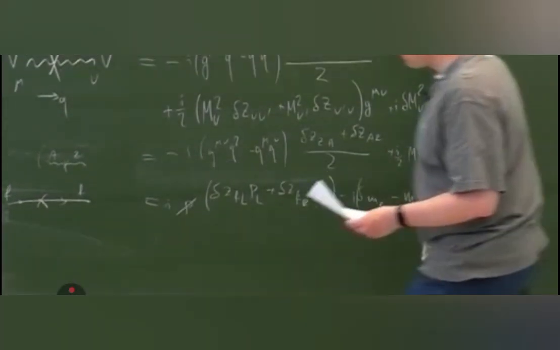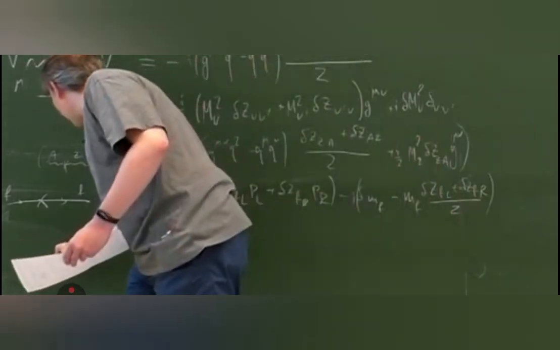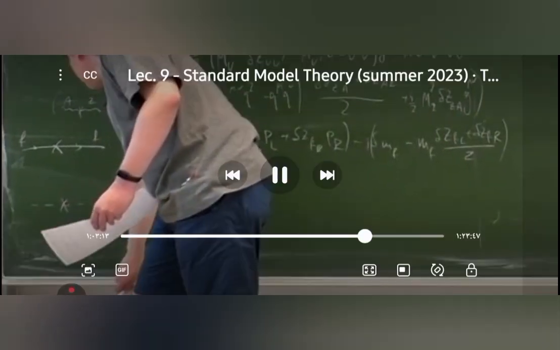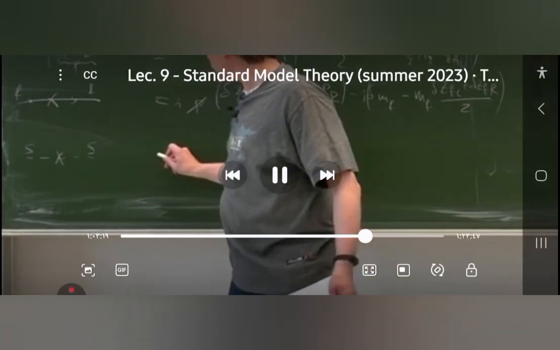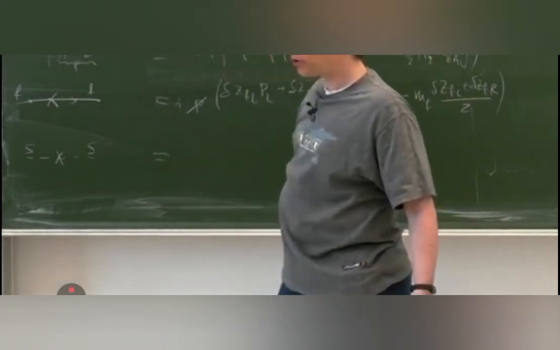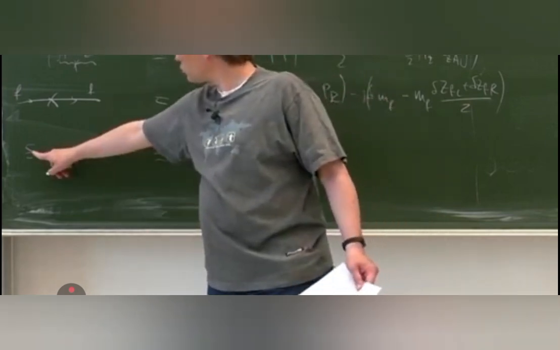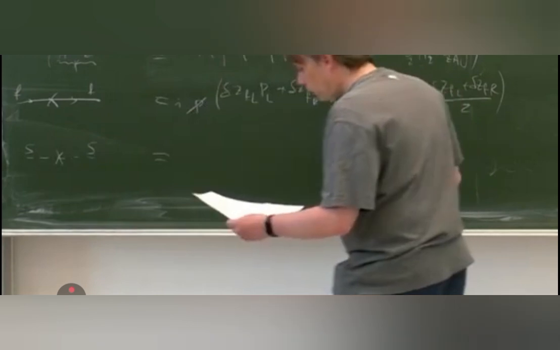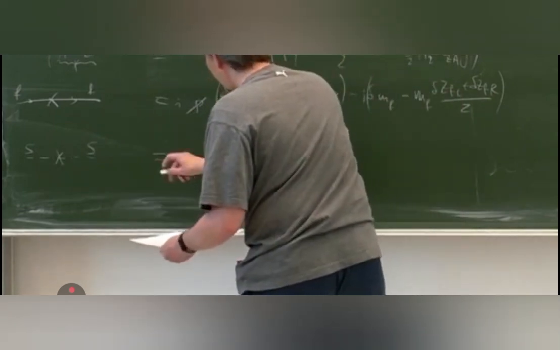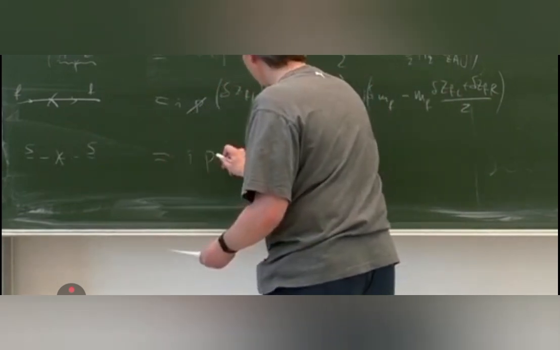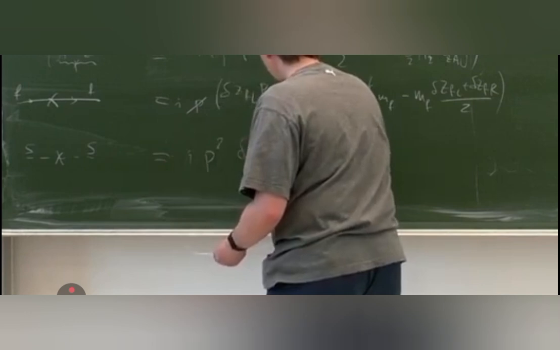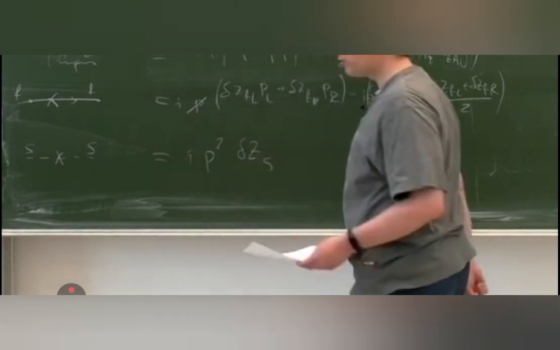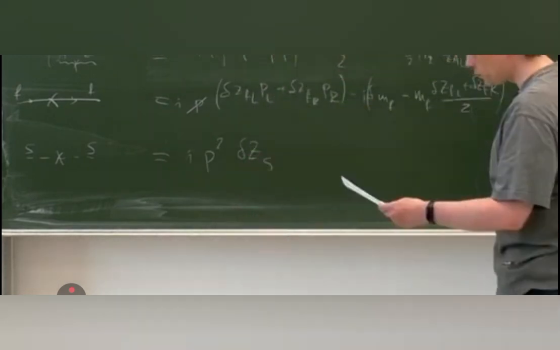Then the scalar self-energy, SS. There are only diagonal scalar self-energy counter terms. There is no mixing. For example, neutral Higgs, neutral Goldstone, that mixing doesn't appear. And for the diagonal parts, we get the following: I times p squared delta ZS from the kinetic terms, which we have not even written down because it's too obvious.